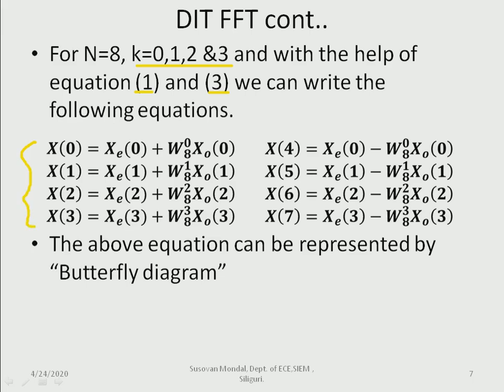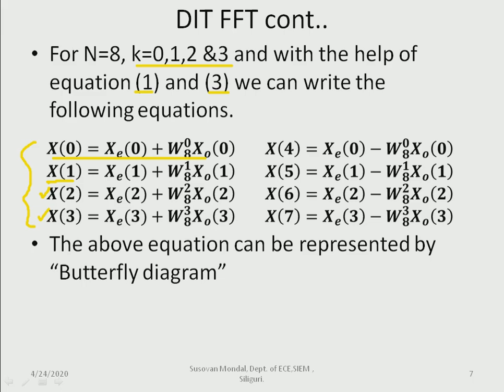If we put k equal to 0 in equation number 1, this equation is derived. If we put k equal to 1, we get this equation, and similarly for k equal to 2 and k equal to 3. So all those 4 equations are derived from equation number 1.